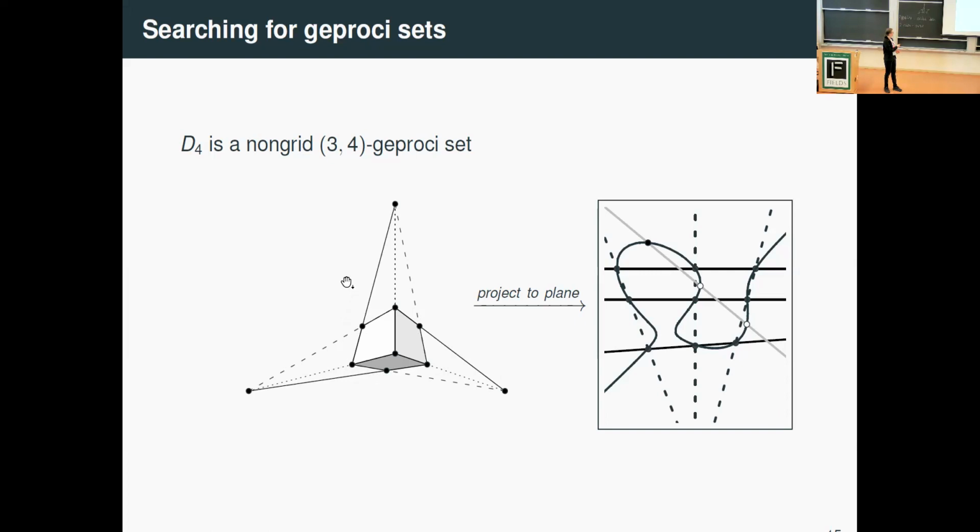Oh, sorry, this line. These are the lines which cover 9 points of the configuration. And there is also one more line which goes through the front vertex, the middle vertex, and the vertex in the back. So if you project, the black lines go to black lines on the right-hand side. This line, whose points are not visible, goes to the gray line.